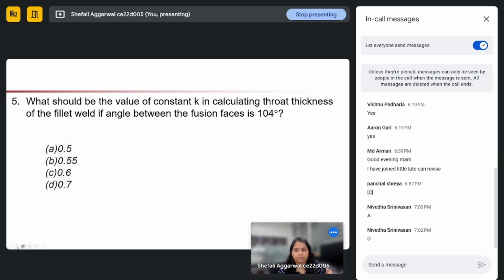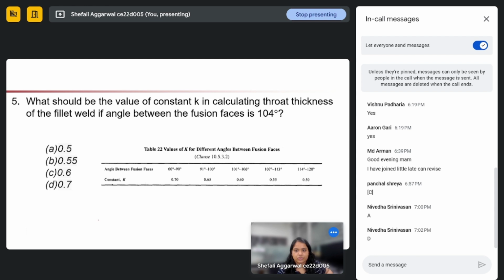K, okay, 0.7. So this is given in IS 800 directly. So here we are telling 104 degrees. 104 degrees will come here. So the angle is 104 degrees. So our K value would be 0.60. Okay.